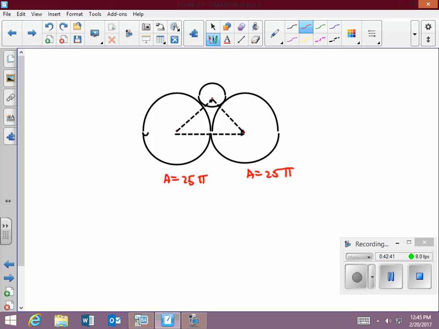And the area of the triangle is 6 centimeters. I'm going to leave the units off because the units are all the same. It says find the area of that little circle. So what do you think? What's the strategy?